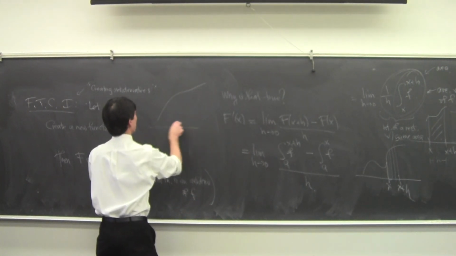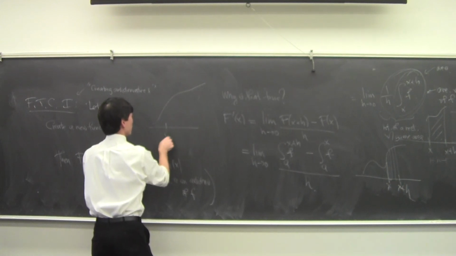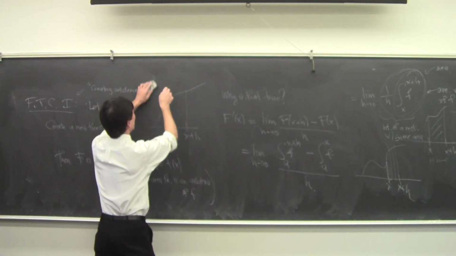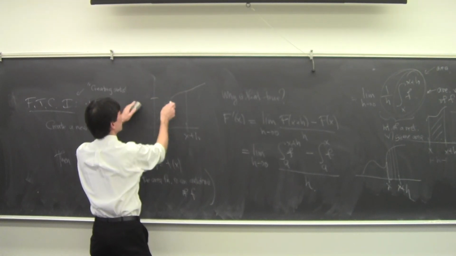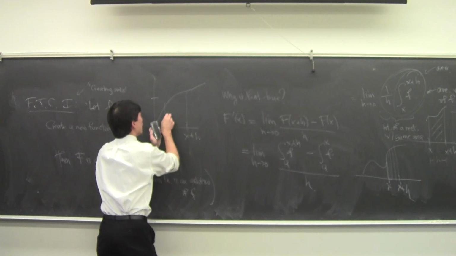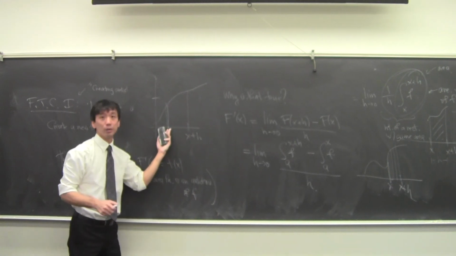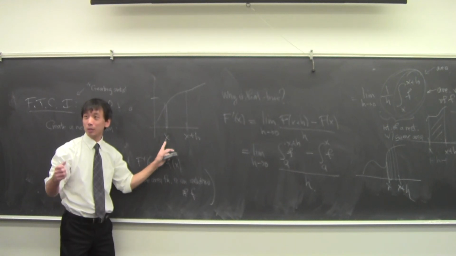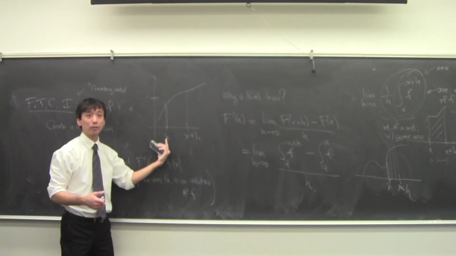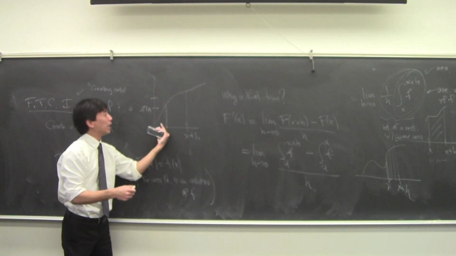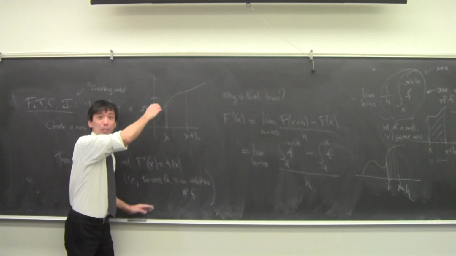Here's my function, here is x, here's x plus h. I get the average value over this interval. That's something like this. But then I let my interval become tiny. What's the average value over this interval? What can you say about it? It starts getting closer and closer to f of x. Here's f of x. My interval is tiny, so my function doesn't vary that much anymore.